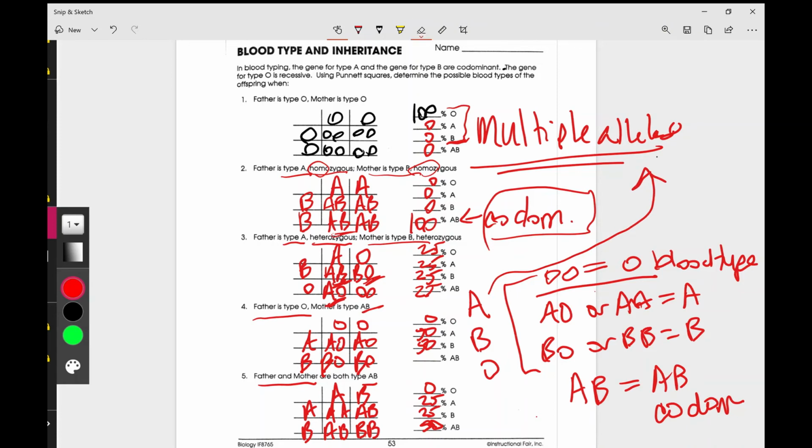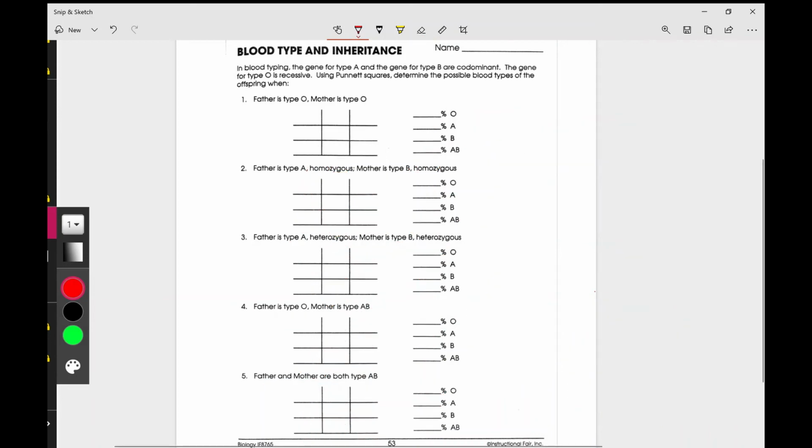Now, let me erase this because I want to show you one other thing. So, on here, we have the O. If I have O blood type, this is called the phenotype, what it looks like.